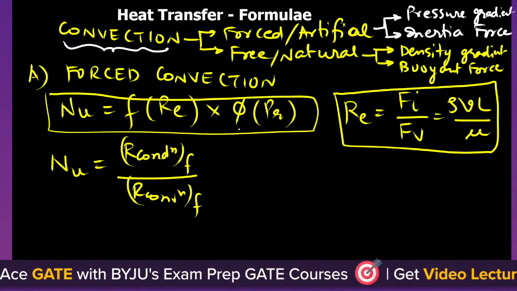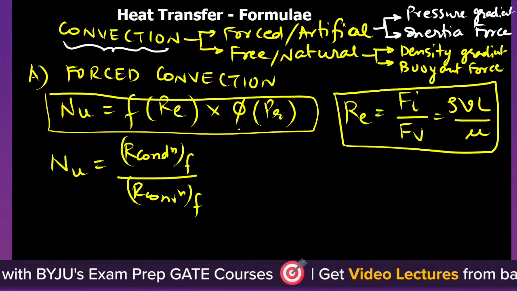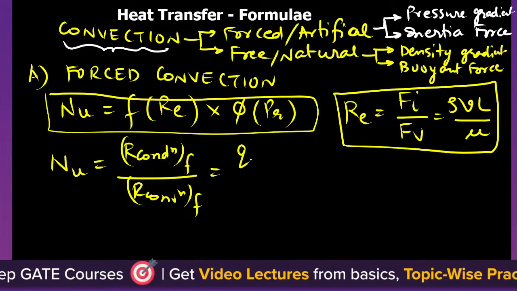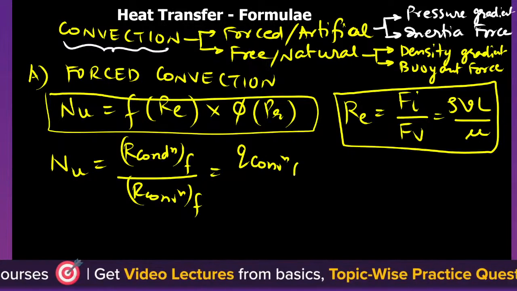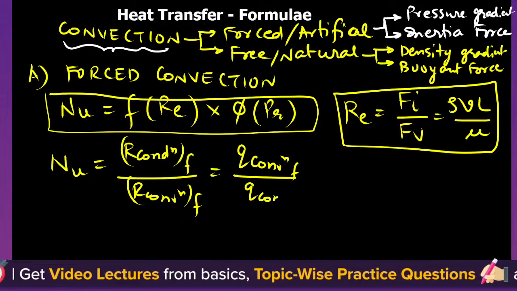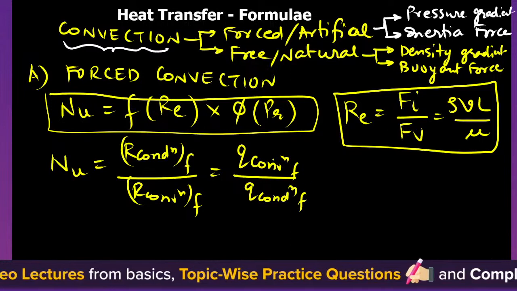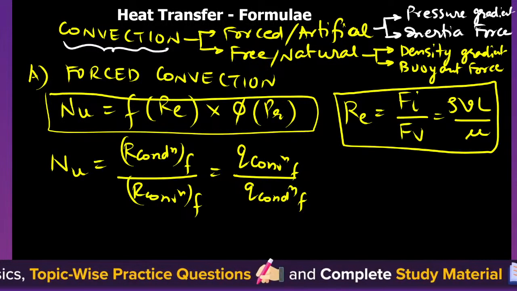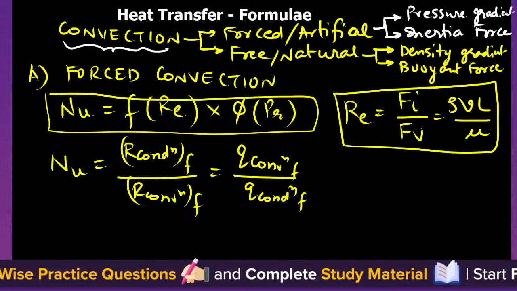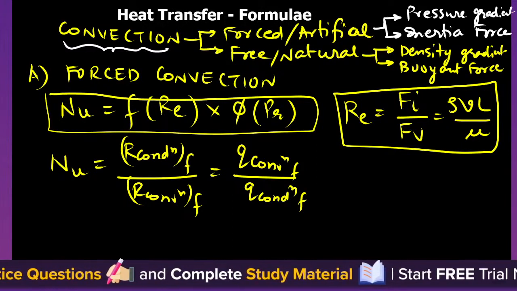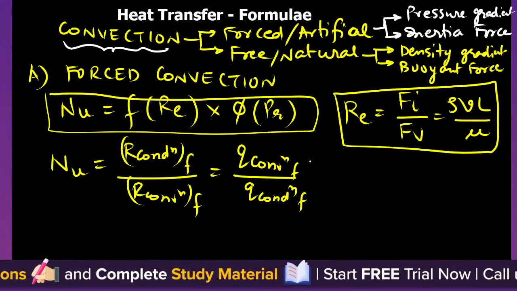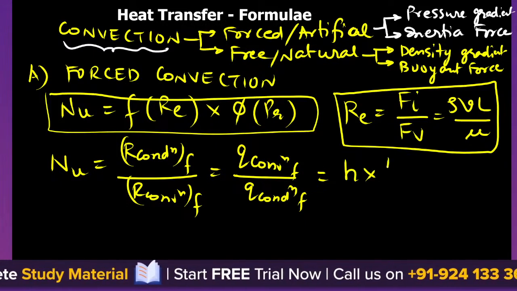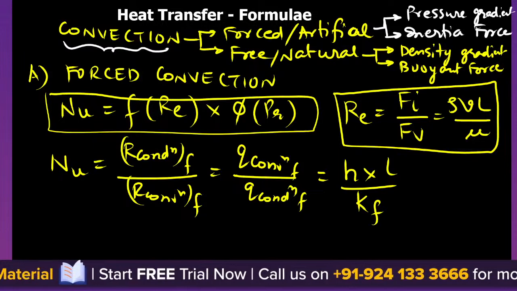We could also write it as Q convection upon Q conduction in the fluid, because convection is the combined effect of conduction and bulk motion. So the ratio of heat transferred due to convection to the heat transfer due to conduction is called the Nusselt number, and it is given by HL by KF.